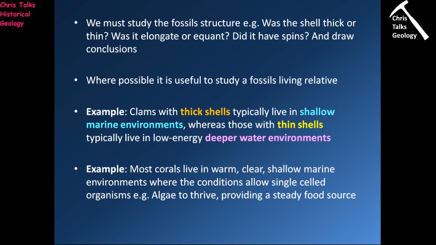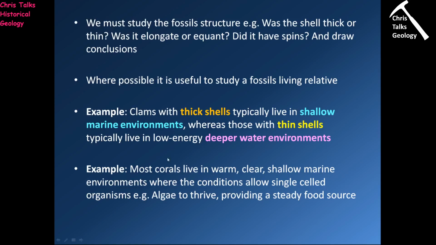The answer is no. And so what we tend to see is that organisms that live in deeper, low energy environments, or in very, very cold environments like the Arctic Ocean or the Antarctic Ocean, tend to have thinner shells because there are lower rates of predation, and it's not logical to waste a whole load of energy producing a big, thick shell that you're not going to need.